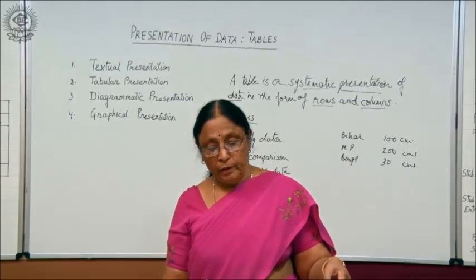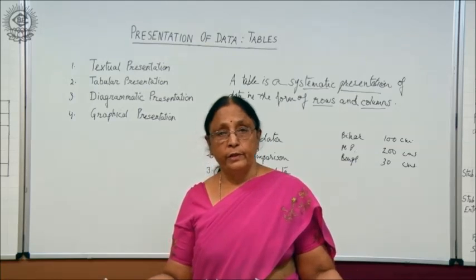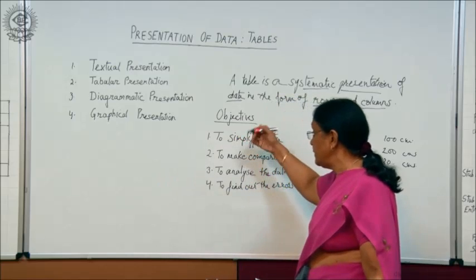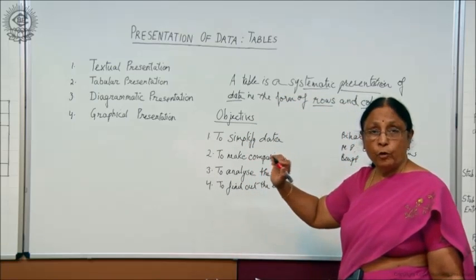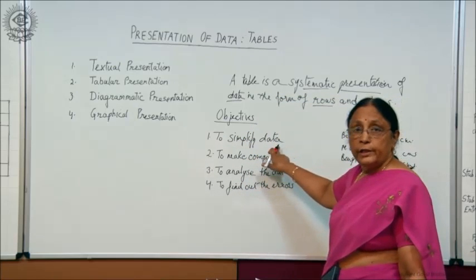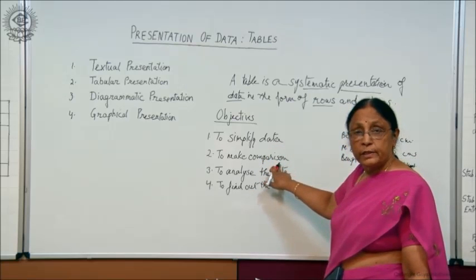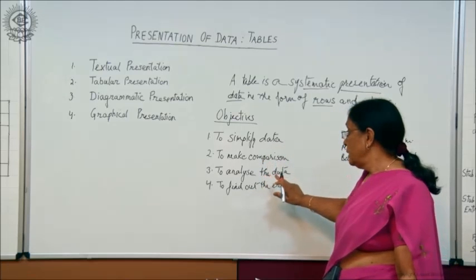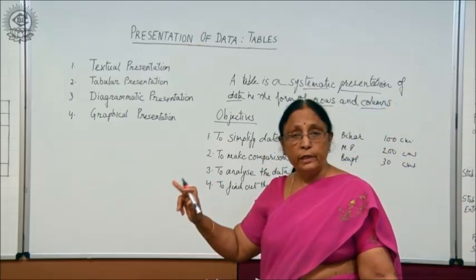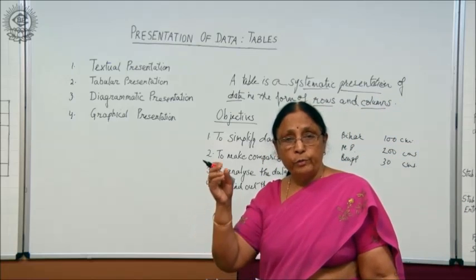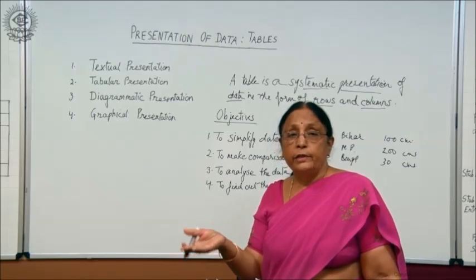Now the merits, similarly these objectives can be presented in another form. It makes the data simple to understand, it makes comparison easy, right? Then analysis can be done with the help of tabulated data, and errors can be found out.